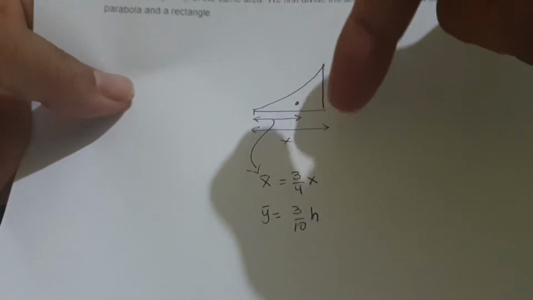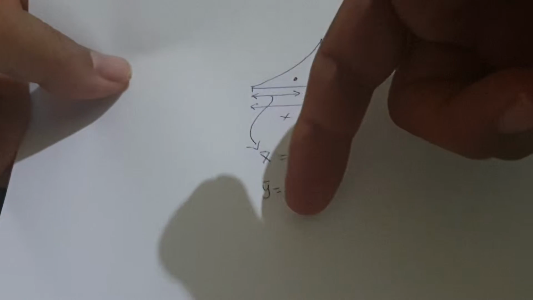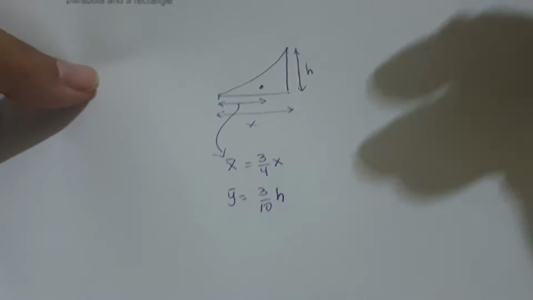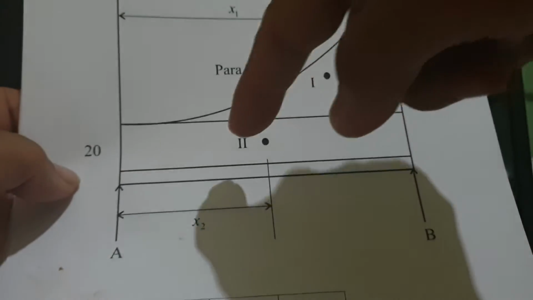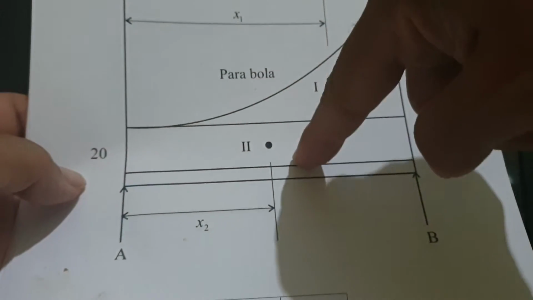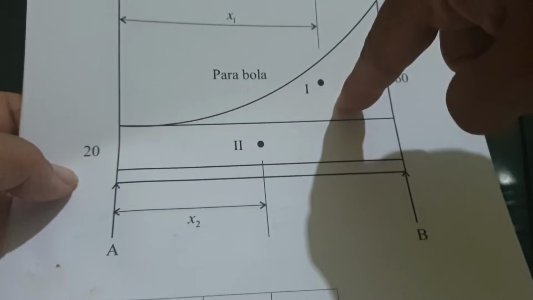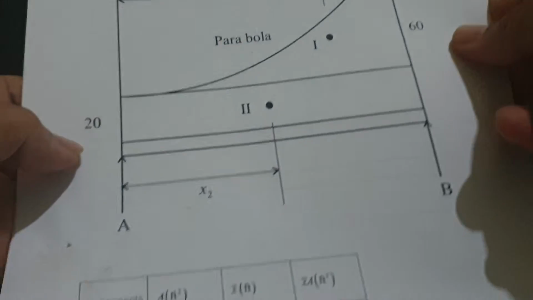And the y bar in the h is 3/10 h. This should be given. And now we need to go to the parabola. We're going to call this area 1 and this area 2. The rectangle is area 2 and the parabola is area 1.